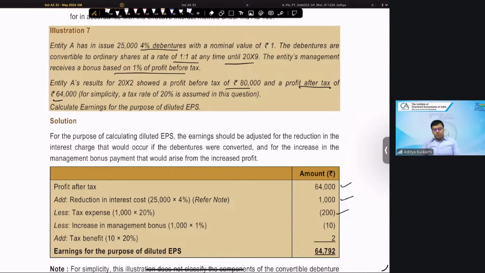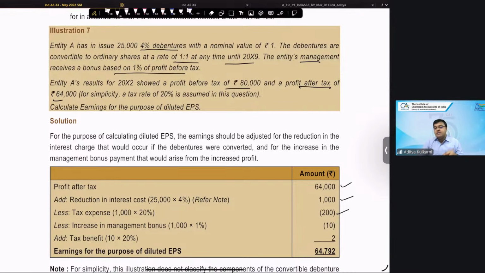Now, if I increase interest saving, can I say profits have gone up? Yes. And if my profits have gone up, can I say that management bonus at 1% of profit before tax will also get added? Yes or no? Yes. Profit is going up.